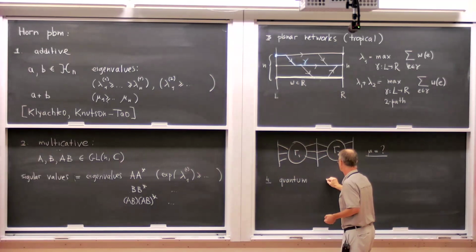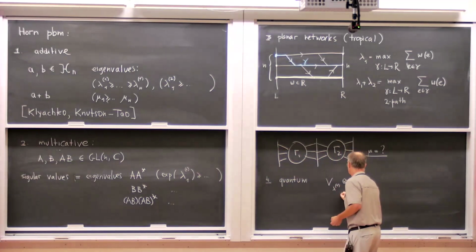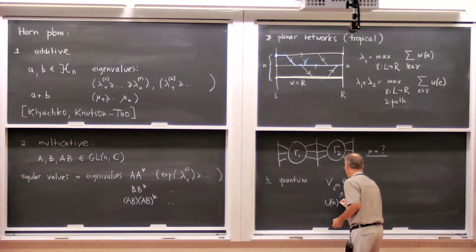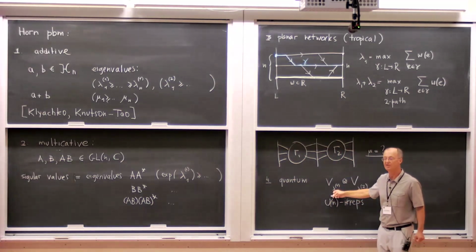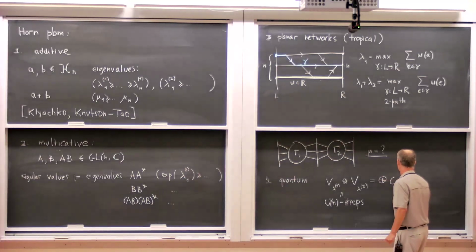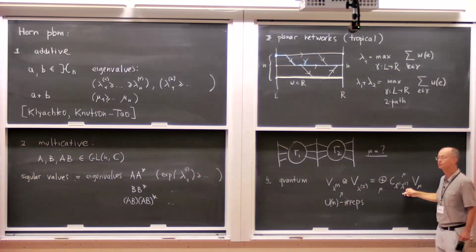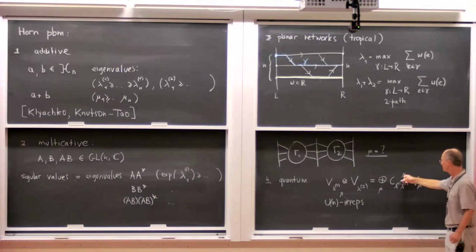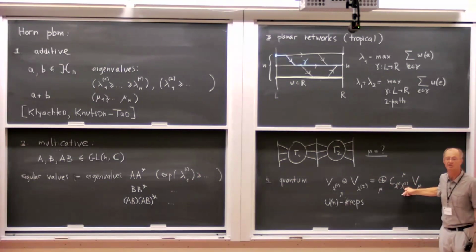Let's say we have V lambda 1 and V lambda 2, irreps of U(n) with dominant weights, with highest weights lambda 1 and lambda 2, and you may be interested in the decomposition of this tensor product into irreducible components. So these are Littlewood-Richardson coefficients, and you may be wondering for which mu's those coefficients are non-zero if lambda 1 and lambda 2 are given.